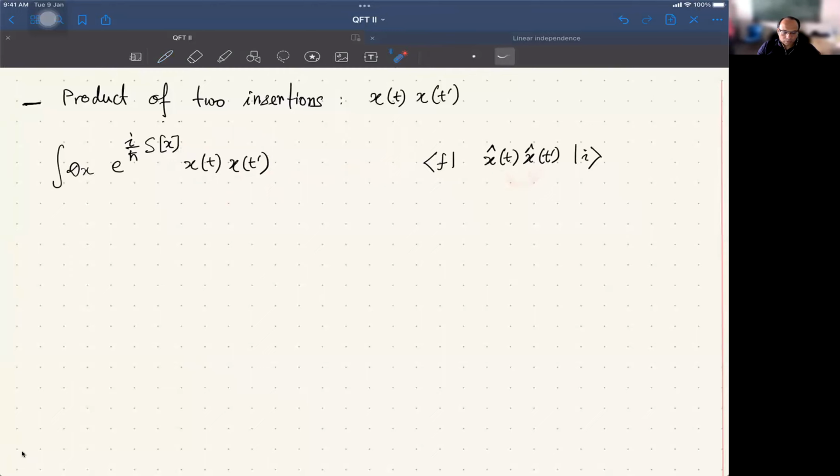What are you actually calculating when you are inserting x(t prime)? Which one are you calculating needs to be figured out.